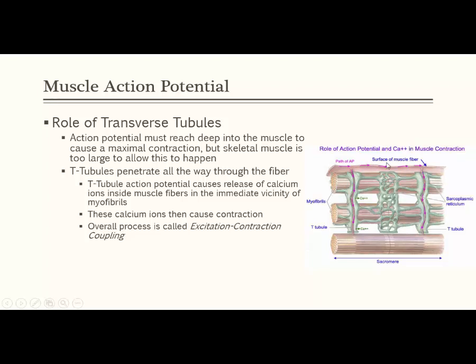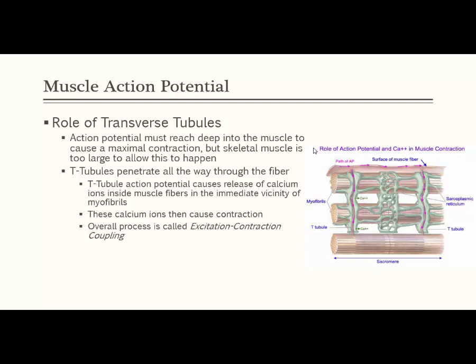So these are called T-tubules, and they're continuous with the sarcolemma. And they are the way in which the action potential gets deep into the muscle so that the action potential can be transmitted efficiently to all of the muscle fibers.